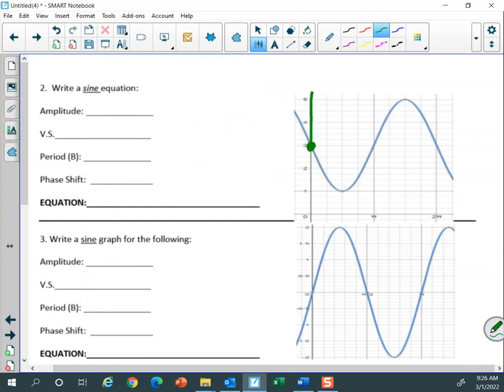So if this is my y-axis, and I go like that, see what you can tell me looking at this green section as our primary section.